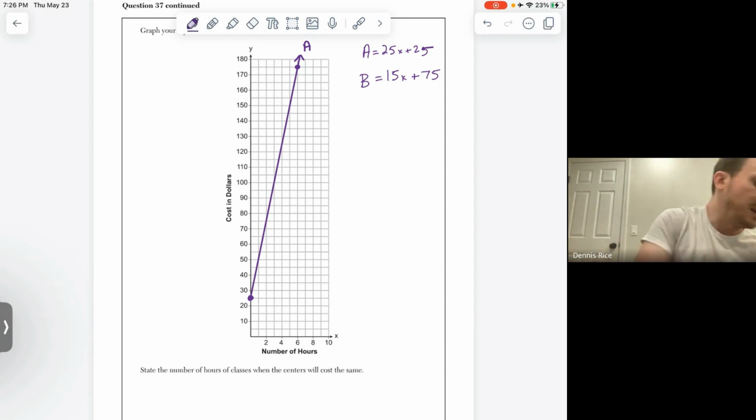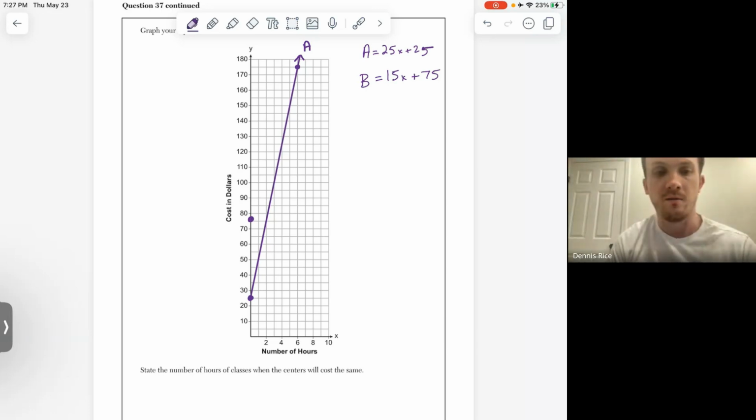And I'm going to do the same thing for B. I'm going to plot 75. And now I'll use, I don't know, 4. So if you plug in a 4, you'll get 60 plus 75, which is 135.